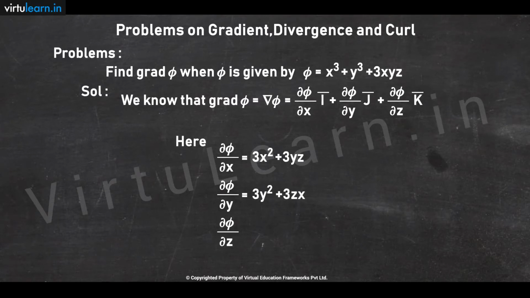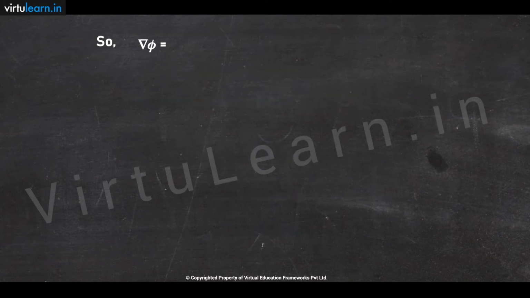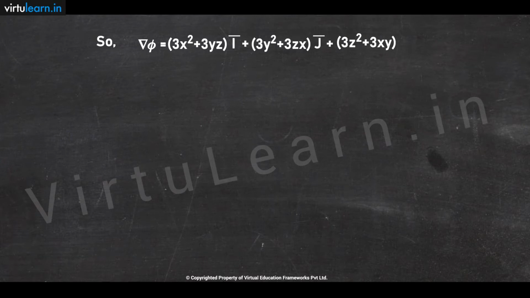Dou phi by dou z is 3xy. So, gradient of phi now becomes 3x square plus 3yz into i bar plus 3y square plus 3zx into j bar plus 3xy into k bar.